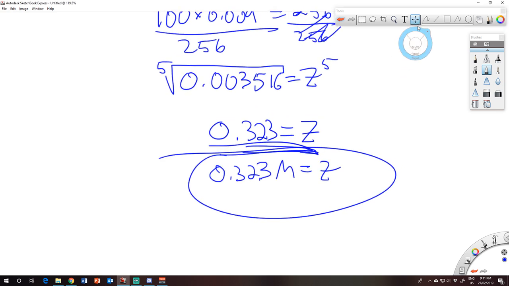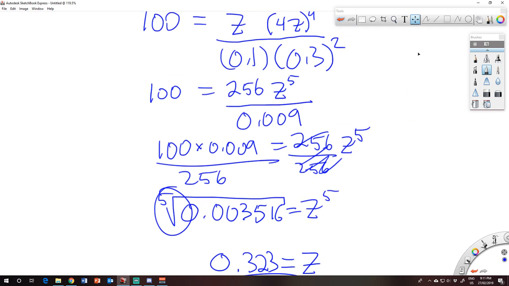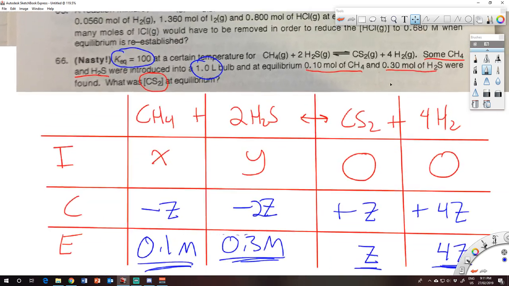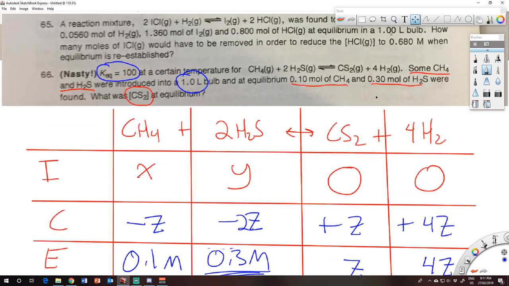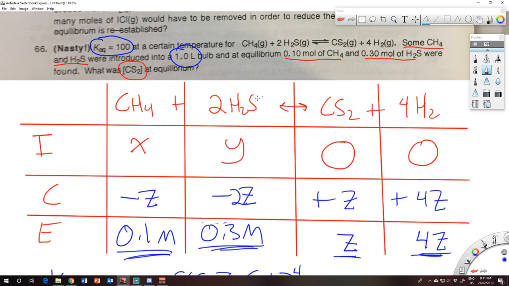So that actually wasn't so bad. I guess the only really nasty thing about this, unless I missed something, is this, because we don't normally deal with 5th roots in math. I'm trying to think if I missed anything. Let's see. Okay, we have some CH4, some H2S, so that's covered by X and Y. 1 liter bulb.